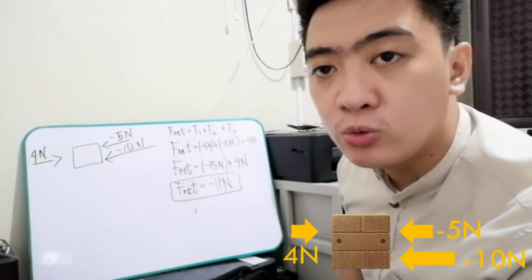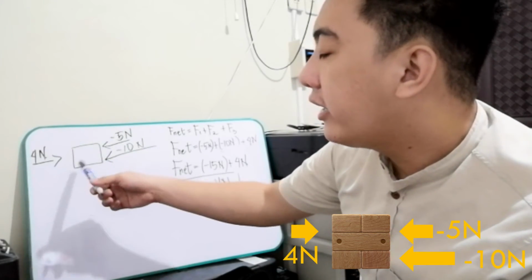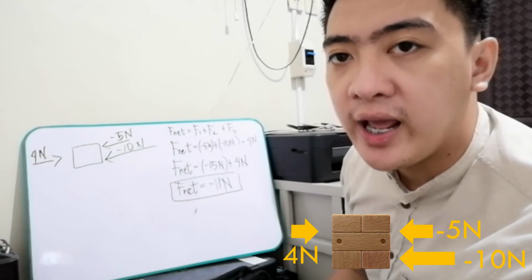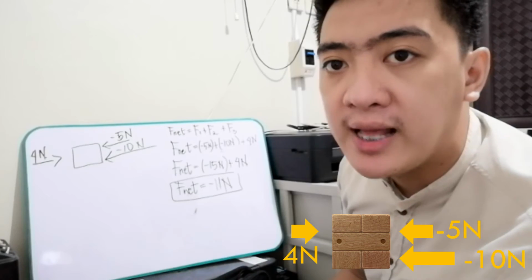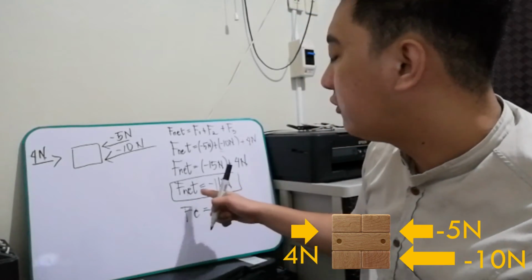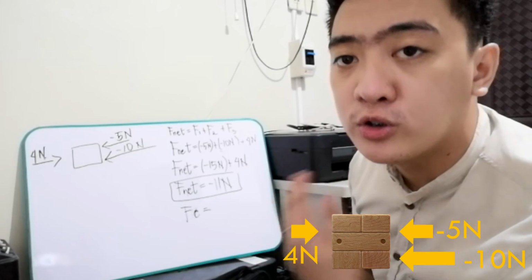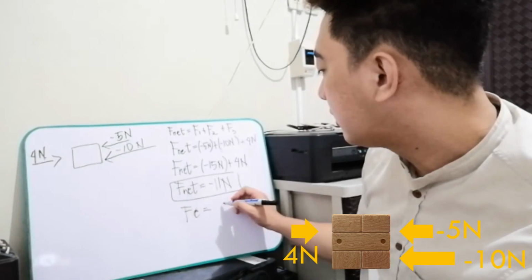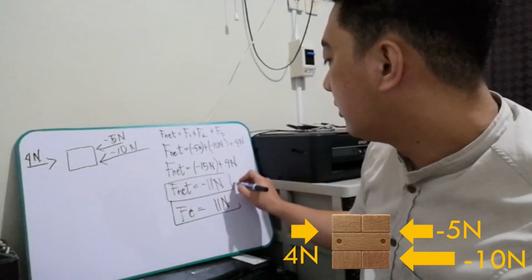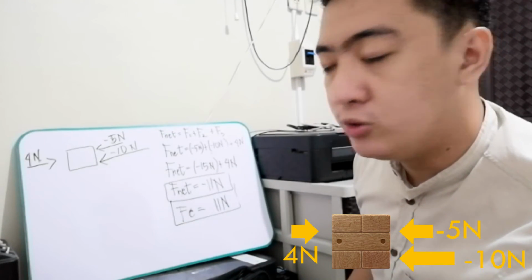So in order for this object to be in equilibrium, we have to exert equilibrant force. Kailangan nating balansehin. So what would be the equilibrant force? If the net force is negative 11 newtons, as I said, we have to opposite the sign of the net force. So it is also 11 newtons but positive. So the equilibrant force is equal to 11 newtons.